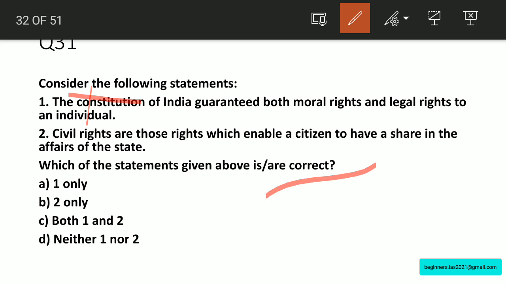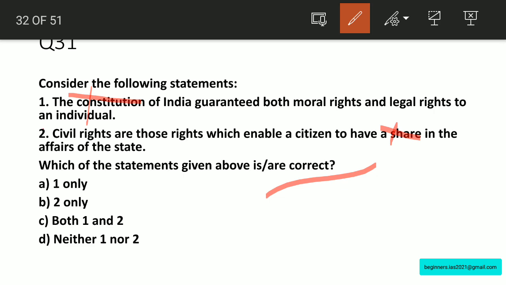So what about statement number 2? The civil rights are those rights which enable a citizen to have a share in the affairs of the state. This statement is also wrong. Why is it wrong? Political rights are those rights which enable this.